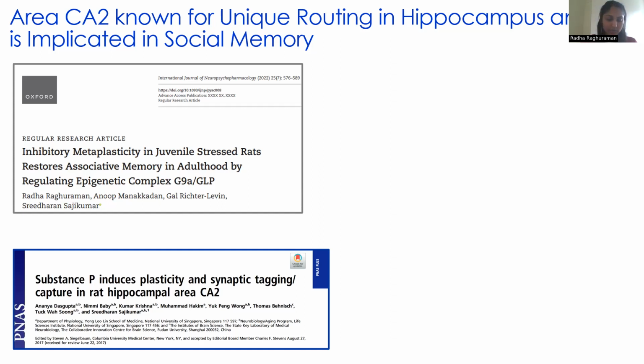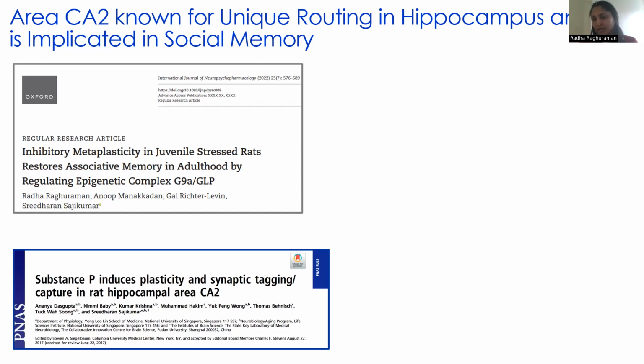During the ripe phase of this conversation between Saji and me, as we planned to extend this project on the implication of stress in CA1, we wanted to see as a next step: should we look at the amygdala, should we look at CA2? A lot of regions came to our mind.